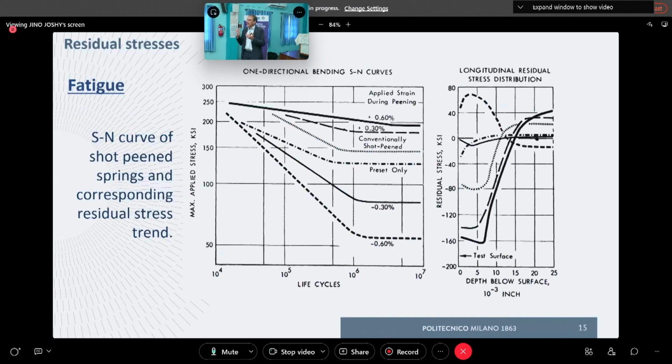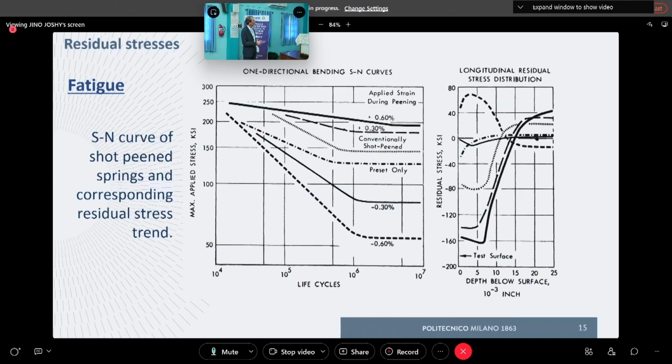If we do that on the right side of the spring, that is with the same sign plus, we are increasing the final compressive residual stresses. So if we apply stress peening with shot peening plus 0.3% pre-stress load, we are able to increase the limit, and this is due to the increased compressive residual stresses.